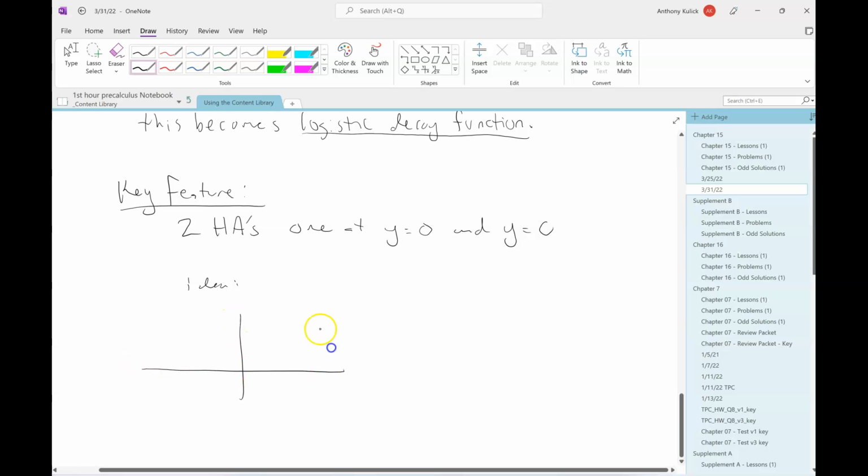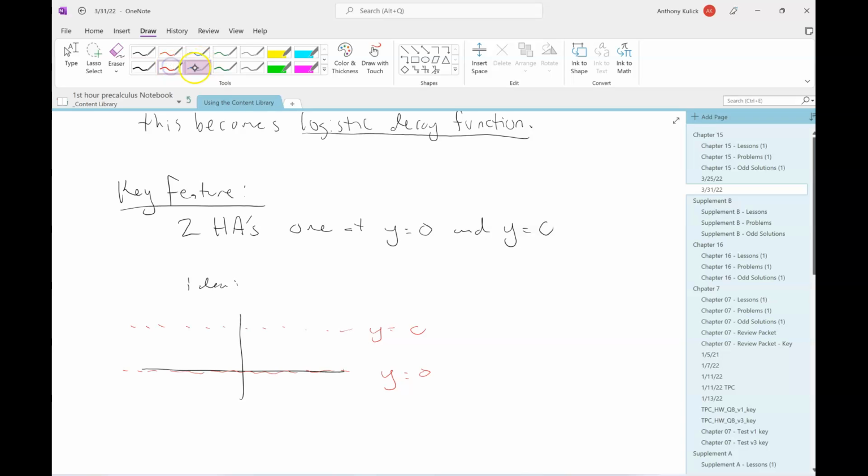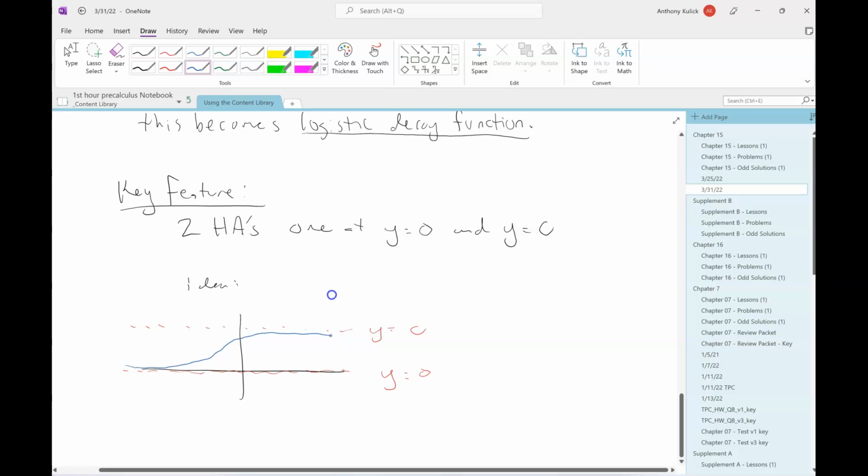So what is this going to look like? You have a y equals c here, and you have y equals 0 down here. And our growth function is going to kind of look like this, and our decay function is going to kind of look like that.